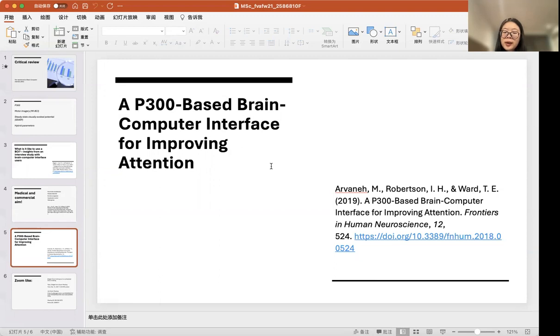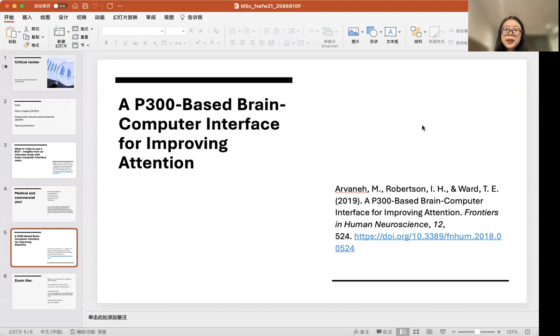In the test, people will see a six by six table showing 26 characters, and people need to use their eyes to attend to the characters, which spell some words shown at the top of the table.